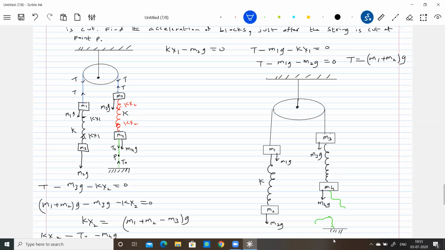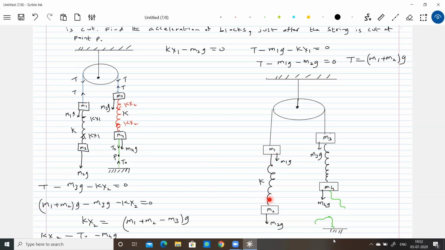Will it change or remain same? The spring force Kx1 will change only when M1 or M2 will undergo displacement. So what is the state of M1 and M2? They were at rest. So the moment you cut the string, due to inertia of rest, the displacement of M1, M2 will be 0. After some interval of time, they'll start moving. So at that instant they'll be at rest.